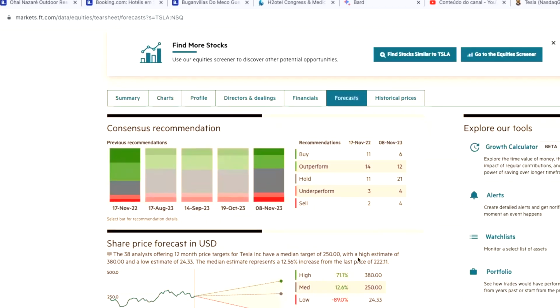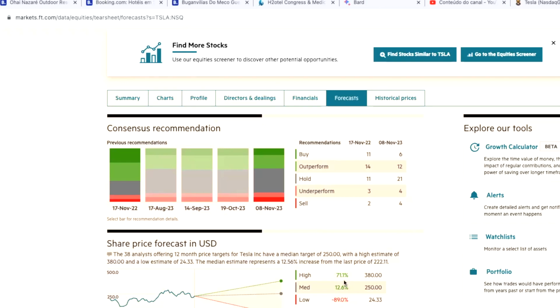And of course, when you see target prices, sometimes, for instance in a company like Tesla, you have a median of 12.6, but you have a low of 89.0. So sometimes the target prices are very broad.